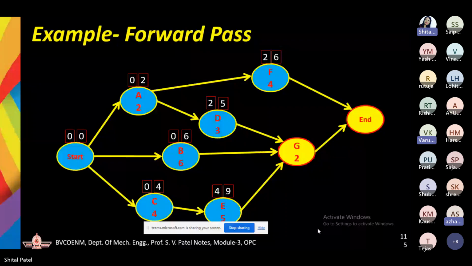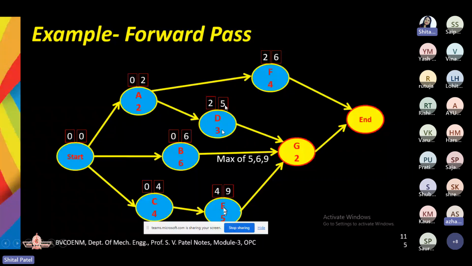Yes, of course, right? So here in forward pass, can you say this? Maximum of 5, 6 or 9 we need to take. What I told you, unless and until your previous activity is completed, you cannot start the succeeding activity. So here for G, we are having 3 activities as their previous activity, that is D, B and E. Now D is getting completed in 5 days, B is getting completed in 6 days, and E is getting completed in 9 days.